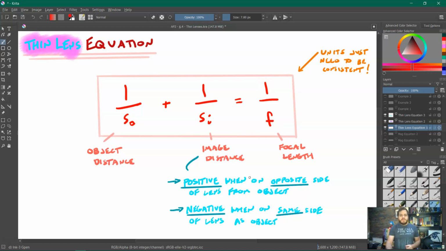So we're going to say that the image distance is positive when the image is on the opposite side of the lens from the object. So the light rays have literally gone through and they've converged. It is a negative image distance when that image is on the same side of the lens as the object is. And we'll see this a little bit more in a second.